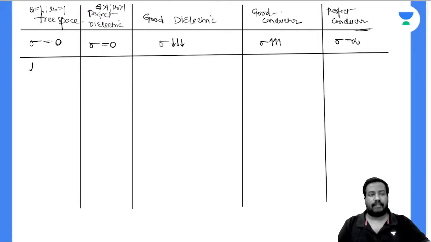Second, let us do analysis for alpha. Now tell me, how much is alpha? Very easy. Based on the conductivity, tell me the alpha value.